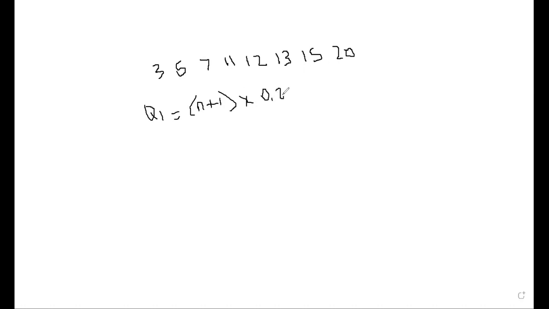I don't have a calculator on my side, so please assist me with the answers. So your n is what? 2, 4, 6, 8. Your n is still 8. 8 plus 1, then multiply by 0.25. Which answer do you get?